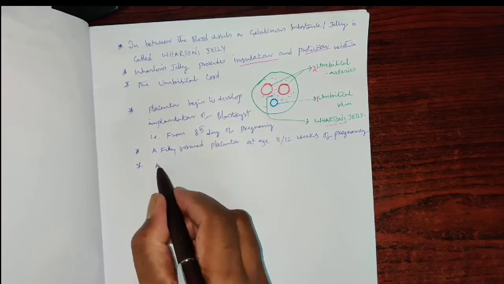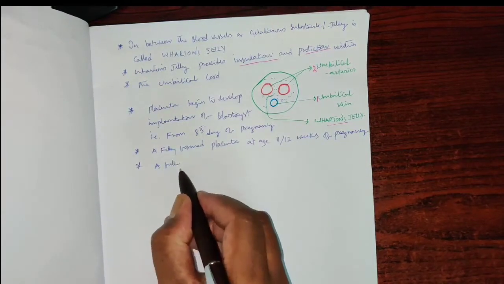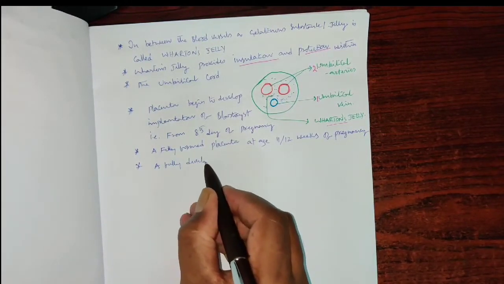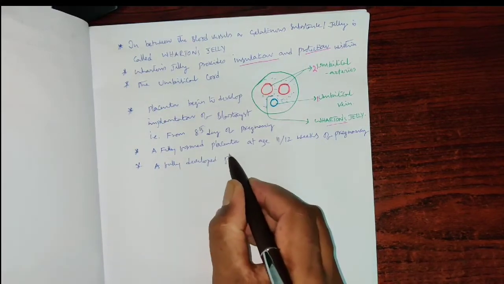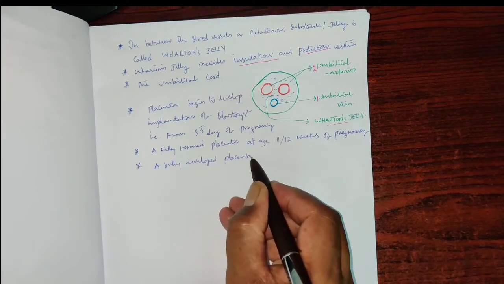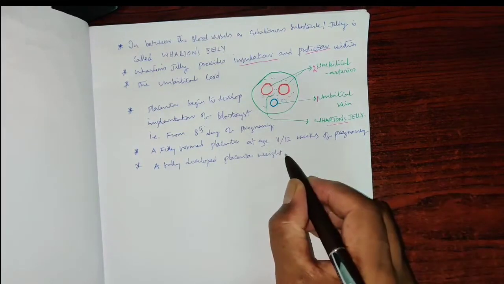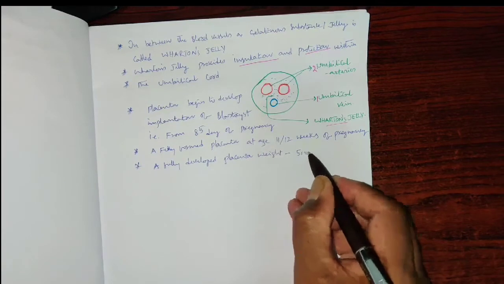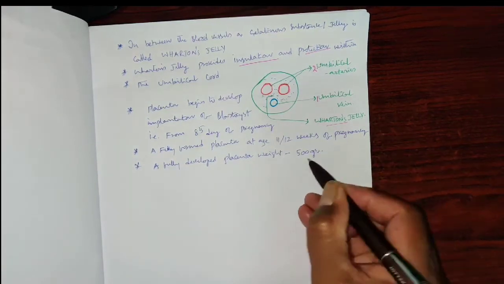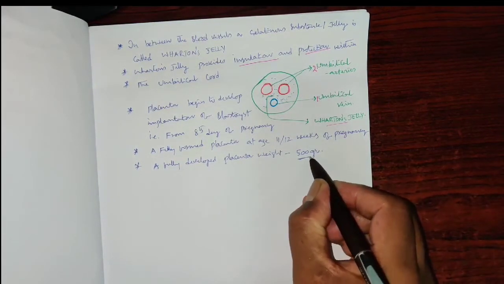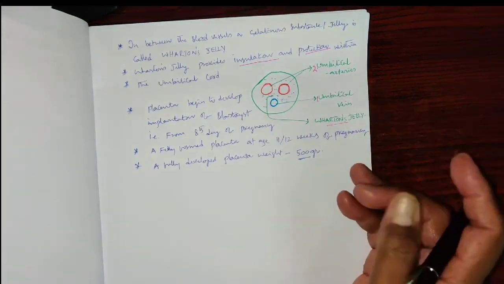A fully developed placenta weighs about 500 grams.